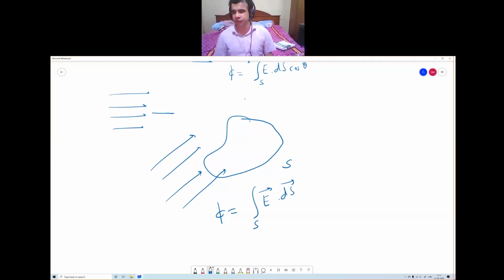However, here the surface is closed, so we put a circle on the integral because we are integrating over a closed surface. If there are no charges in the surface, then the amount of electric field entering or leaving the surface is the same, so the flux will clearly be 0.